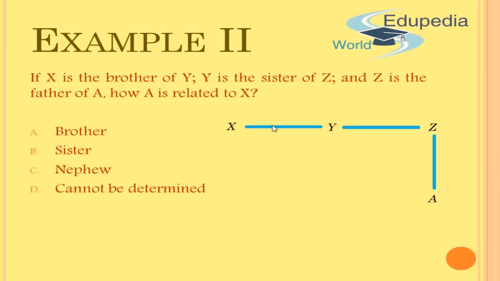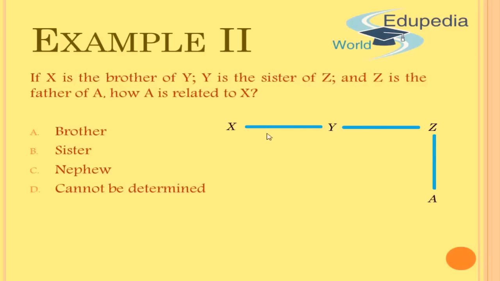So I know that X, Y and Z are siblings, and I have used a horizontal straight line to represent this relationship. Now same generation relationships or horizontal movements can be of two types. So we should have two distinct lines to represent these. For brother-sister relationship, I am using a simple horizontal line.